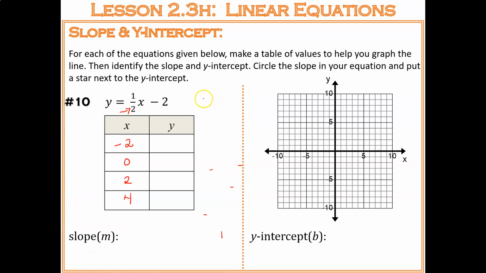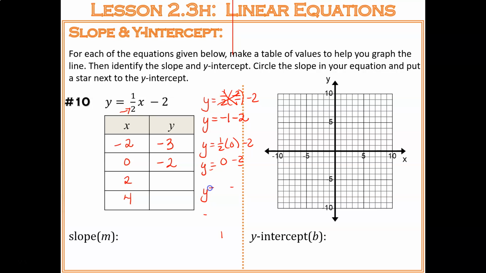So I have y equals -1/2 times -2 over 1 minus 2. So now I have y equals -1 minus 2, which will give me -3. There we go. Now when I plug in 0, I have that -2. There we go.